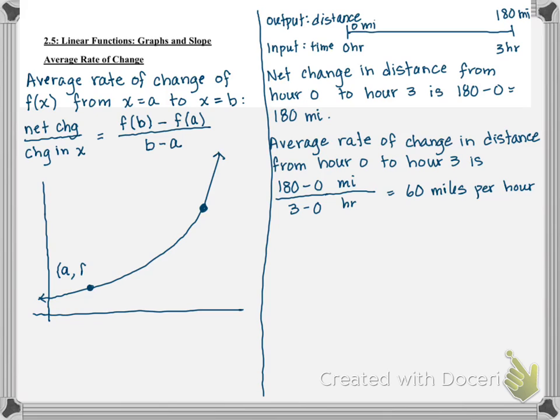So f of a is our y value. And then for our second point, we have an x value of b. And then again, our y value is just our function evaluated for that x value, so f of b.